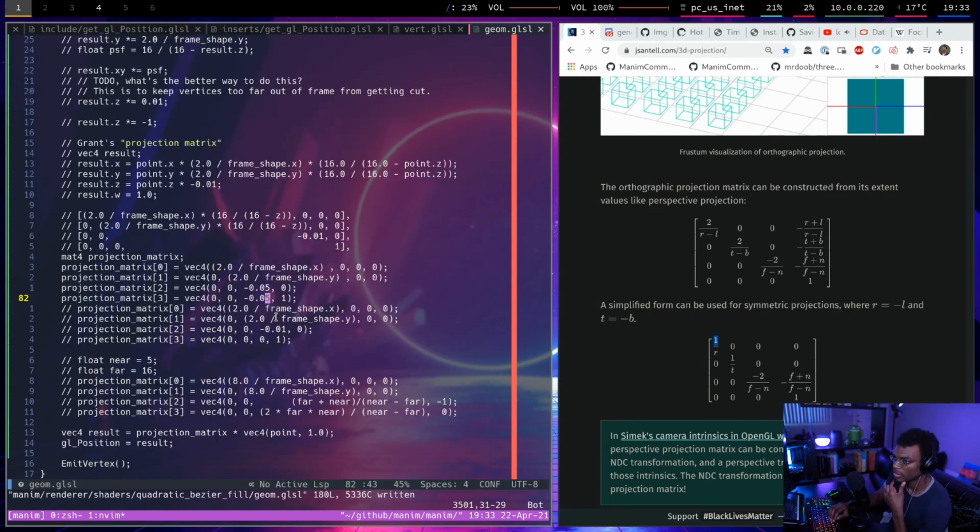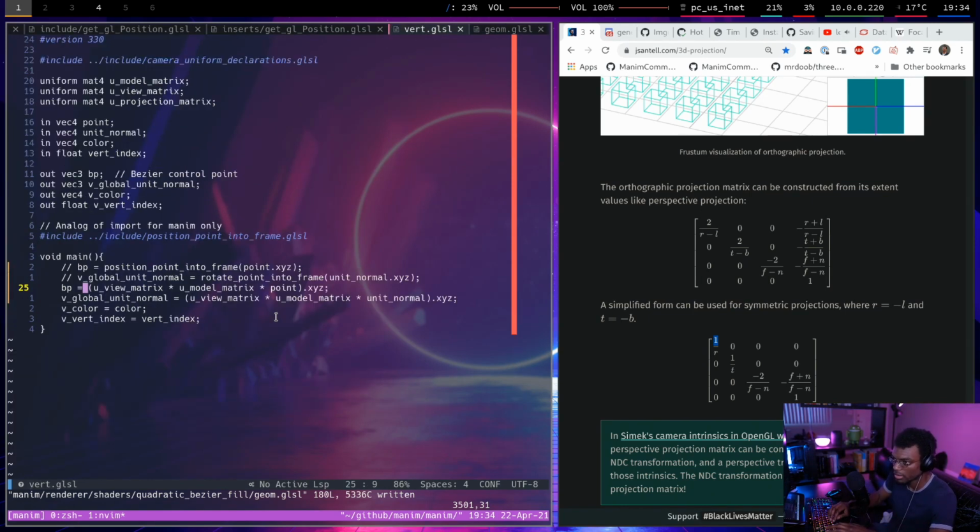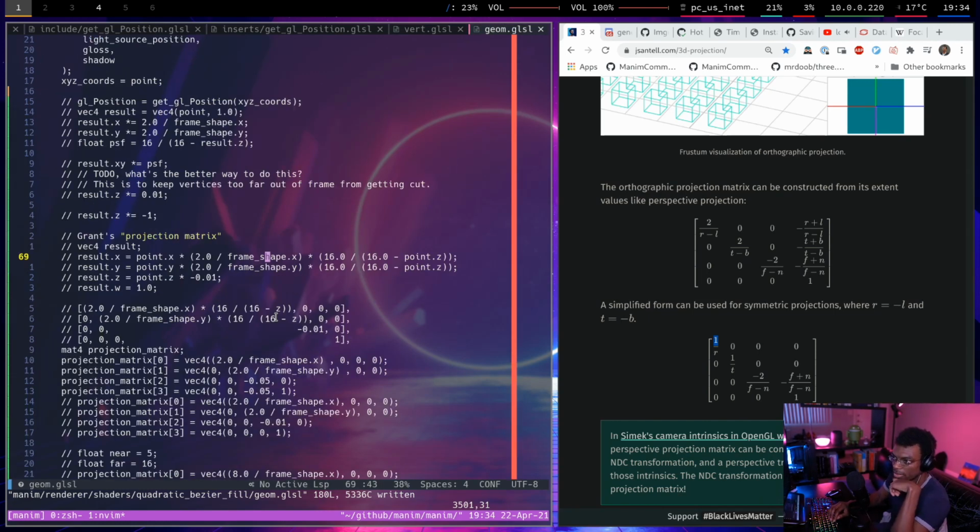I wonder where that zoom is accounted for. Because it doesn't seem to be here. In the vertex shader for the fill, which is this, this is being transformed using the matrices. So where's that zoom accounted for?